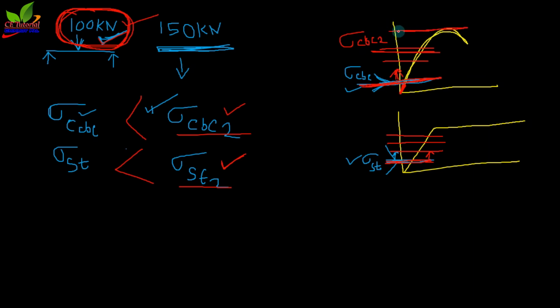Say sigma CBC 2 is at this position, so it will fail. Or if sigma CBC 2 is in this position, it will not fail. Now you cannot calculate this range. The value of sigma S or sigma C in this range you cannot calculate, because IS 456 strictly prohibits this range.